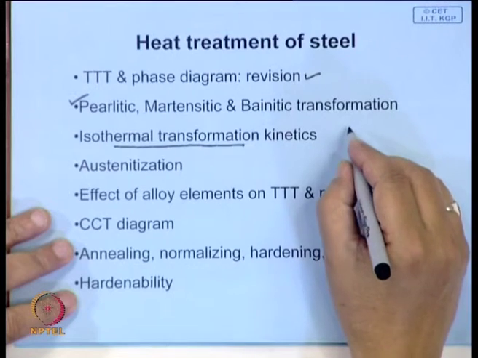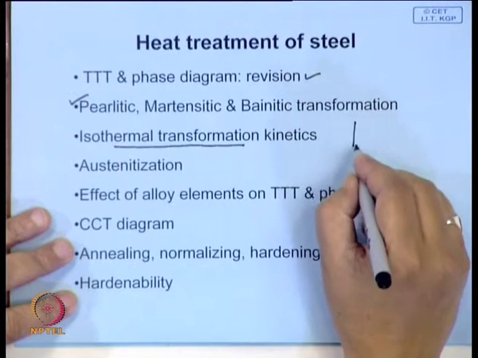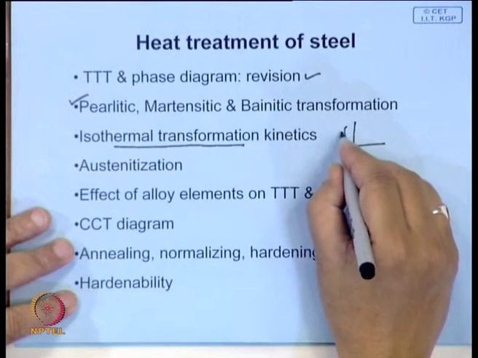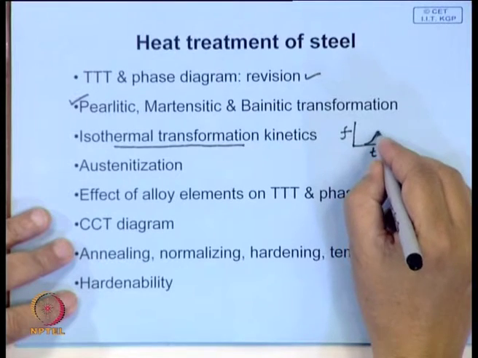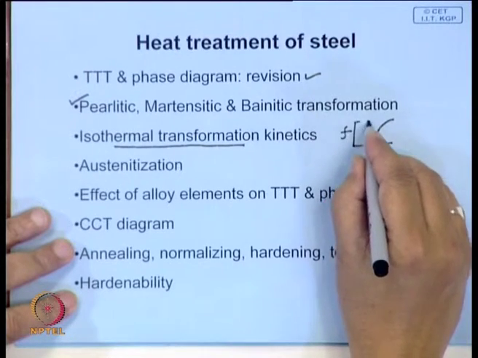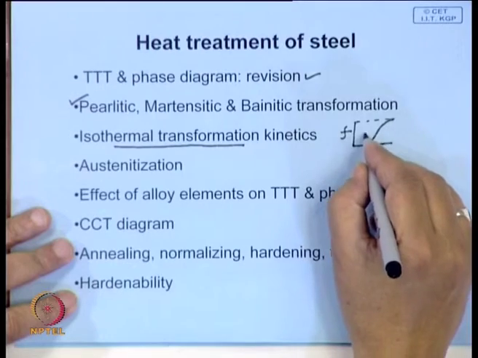That means, we only looked at the kind of plot that you get, that is fraction transformed as a function of time, and what we found is that there is an incubation period. This type of S shaped curve you get.